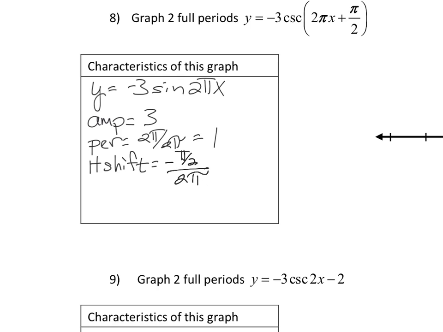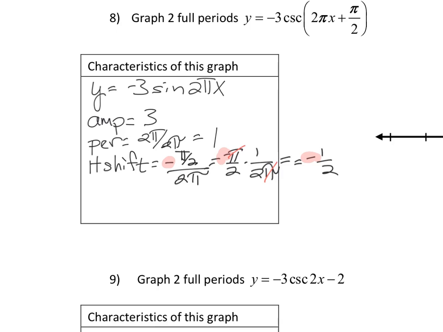So I get this equals negative pi over 2 times 1 over 2 pi. I'm pretending that 2 pi is 2 pi over 1, which it is. So now when I simplify this, I get rid of the pi's, and my shift is negative 1/2. You don't want to forget the negative we've been trying to remember to carry through all of this.